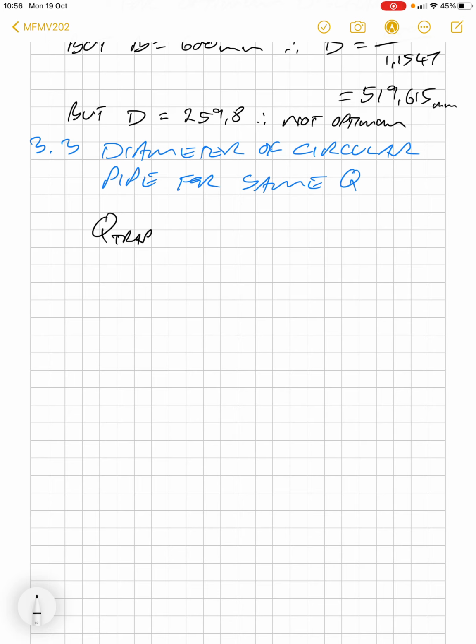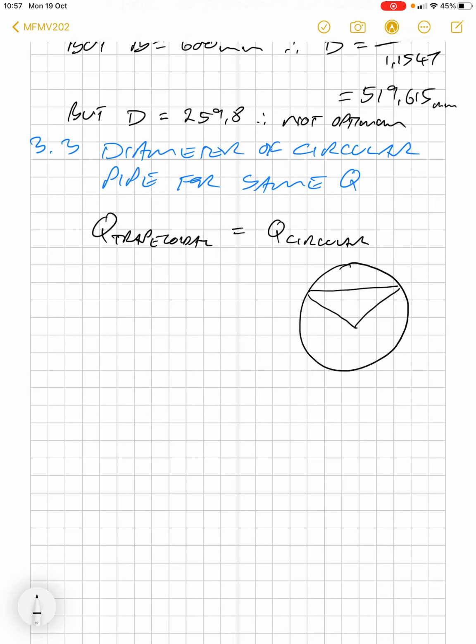So Q through the trapezoidal channel must be equal to the Q through the circular channel. We're also given a diagram of the circular channel that we have to consider.